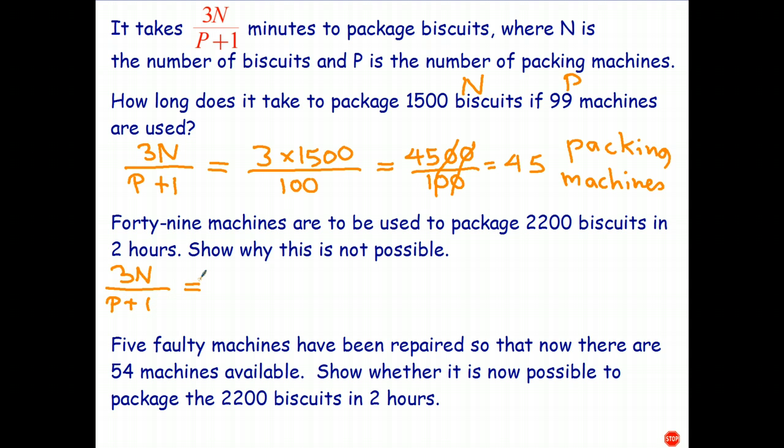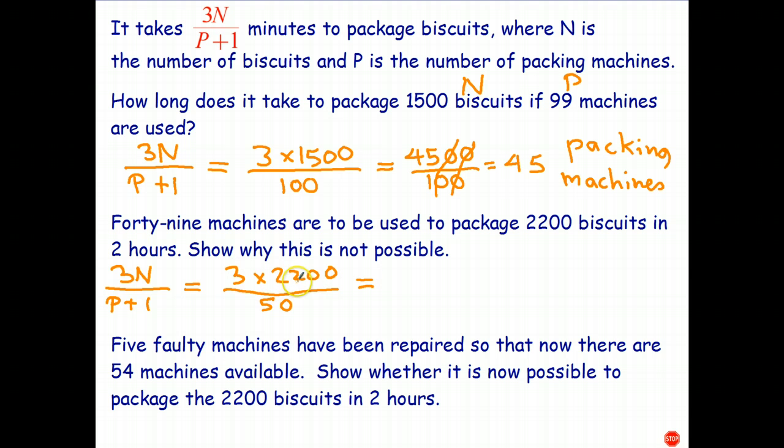Let's go ahead and substitute. And 3 times 2,200, since n is 2,200, and 49 machines, so 49 plus 1 is 50.